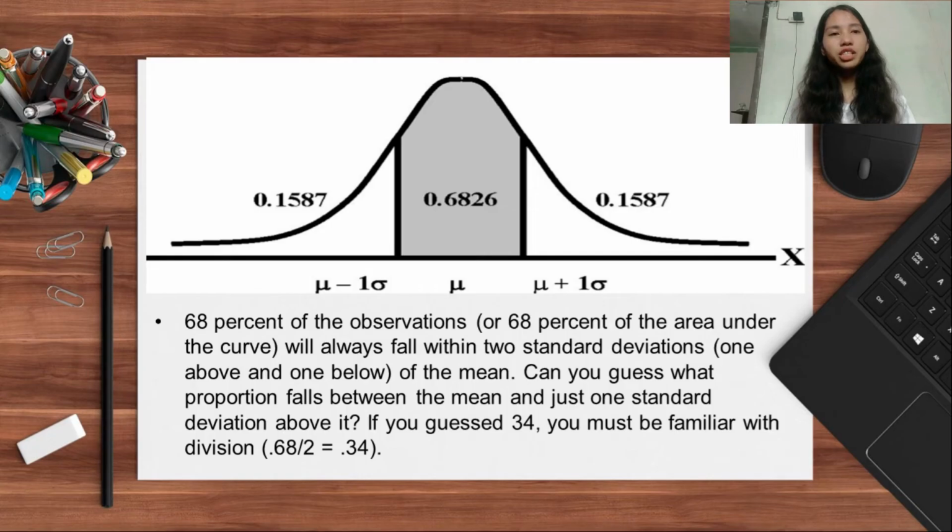Regardless of what a normal distribution looks like or how big or small the standard deviation is, approximately 68% of observations, or 68% of the area under the curve, will always fall within 1 standard deviation, one above and one below the mean. Can you guess what proportion falls between the mean and just 1 standard deviation above it? If you guessed 34, you are familiar with it: 68 divided by 2 is equal to 34.